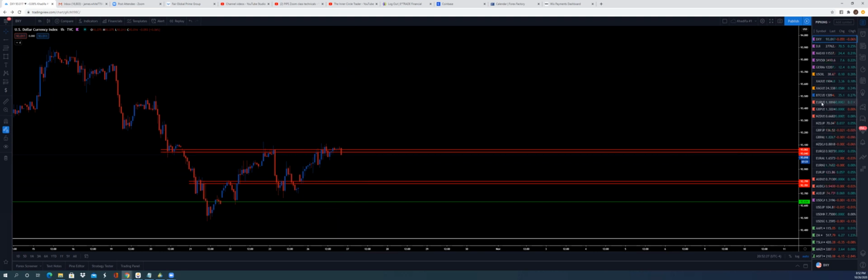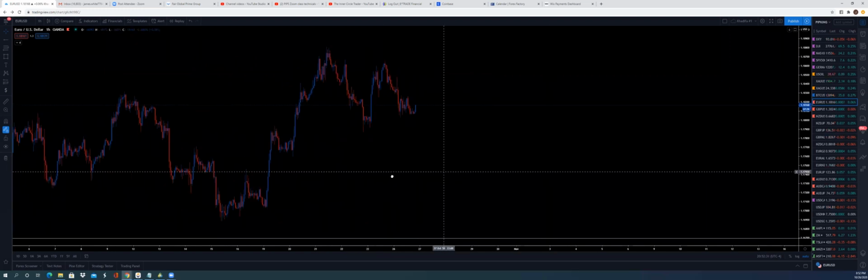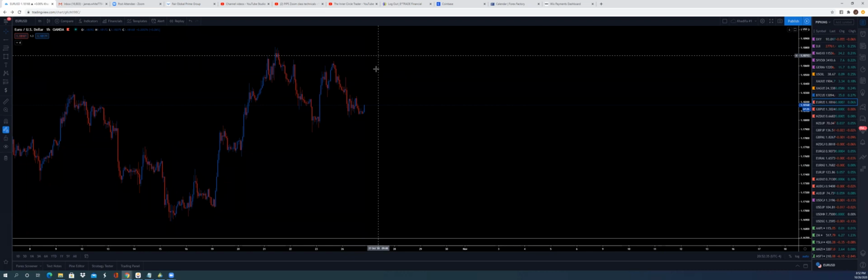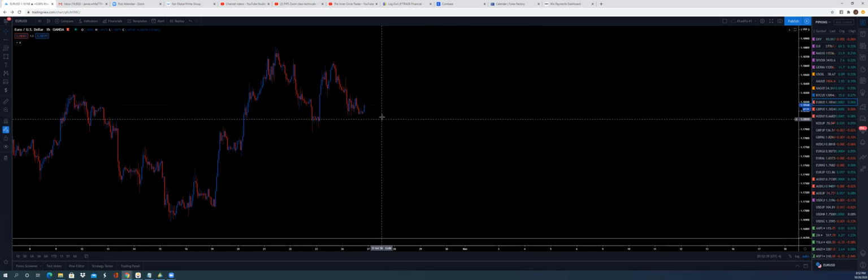So moving on to our currency pairs, of course, we know if we're expecting to see the dollar go bearish, then we want to, of course, see our currency pairs go bullish.